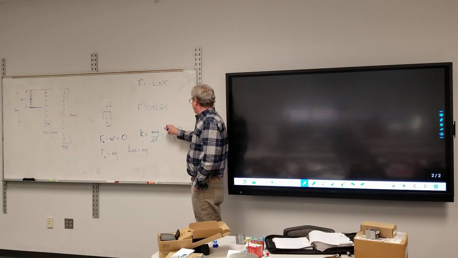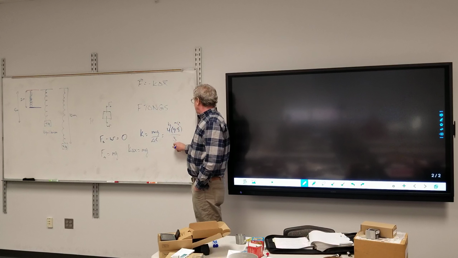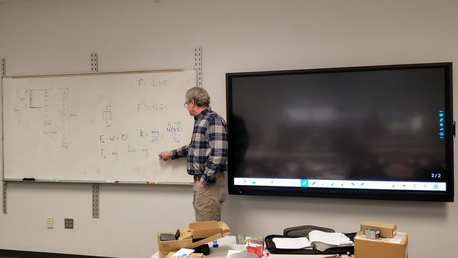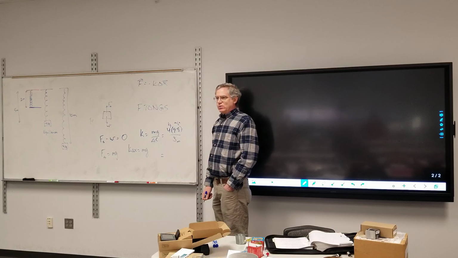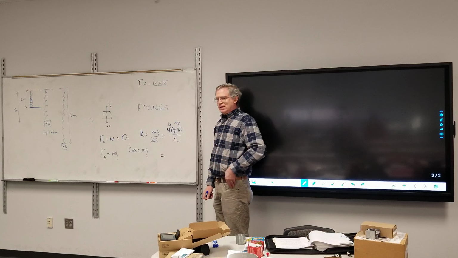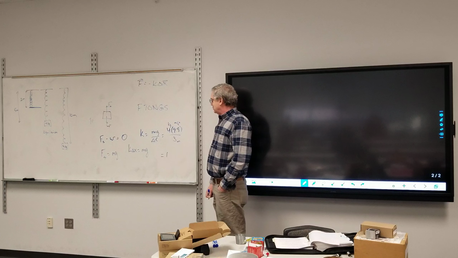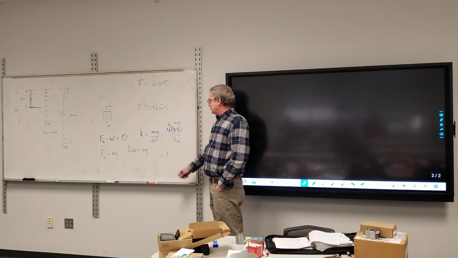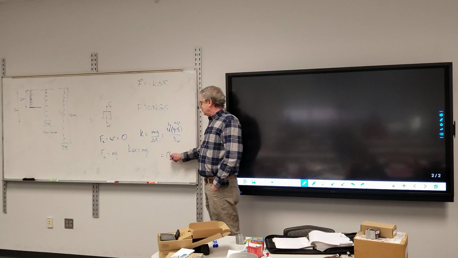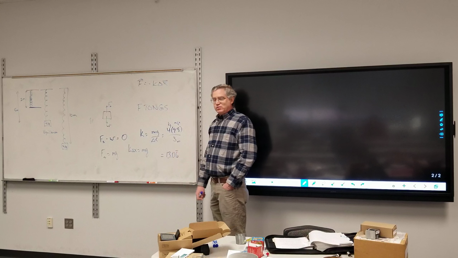So this would be 4 kilograms, 9.8 meters per second squared, and 3 meters. All right, you work through the math, and you get 13.0666. I assume the 6 keeps going. Yeah.